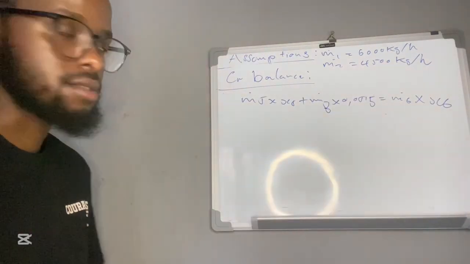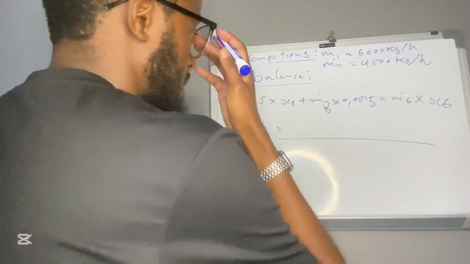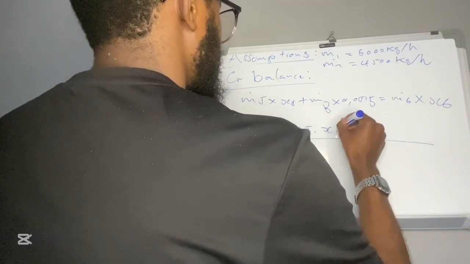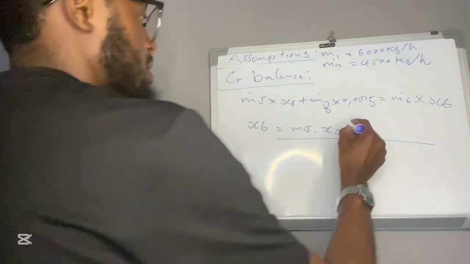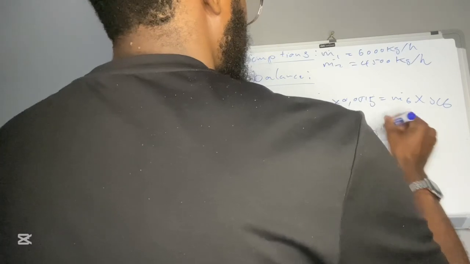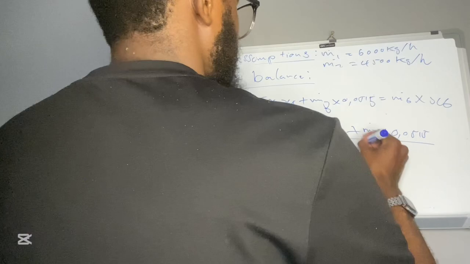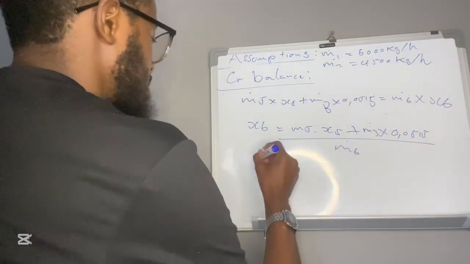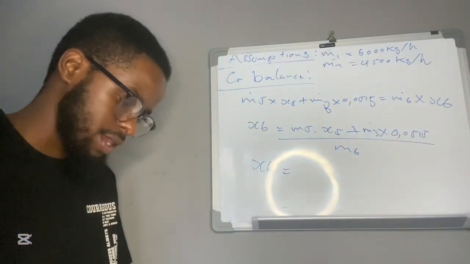So now your X6 will be M5 times X5, you substitute the values here, plus M3 times 0.0515, divided by M6. You substitute the values here because we've already found them, just to save time.